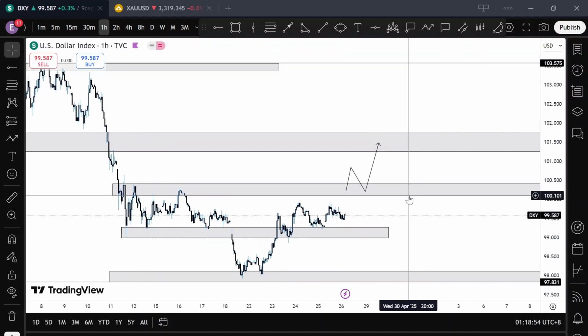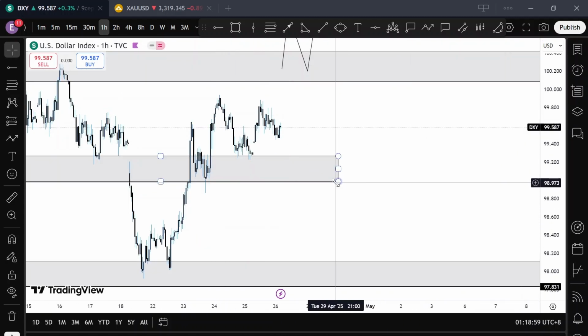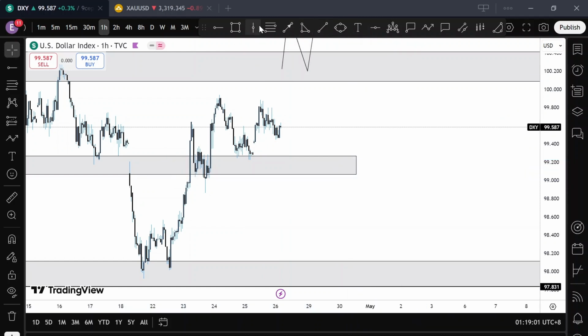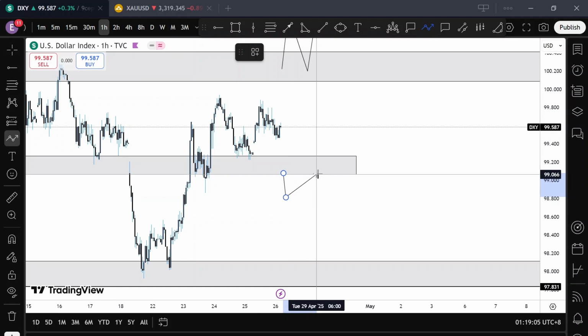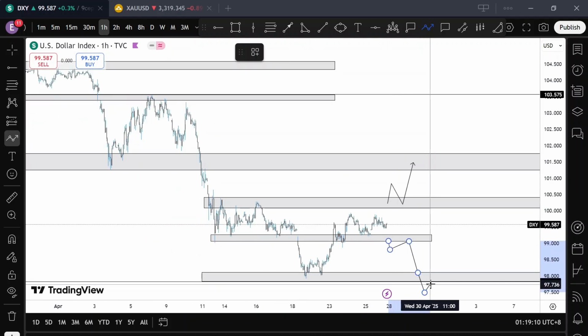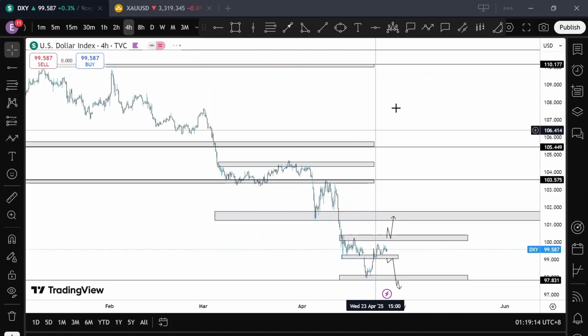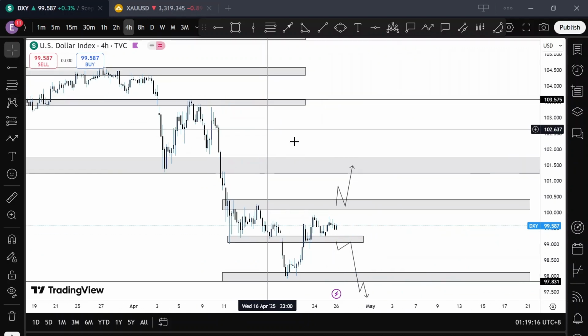But for sells, it's been hesitant around this region, so I would like to see price show us that it's willing to continue to sell down to these regions, and possibly even break and retest to continue. Alright, so this is what I'll be looking out for on the DXY this week.